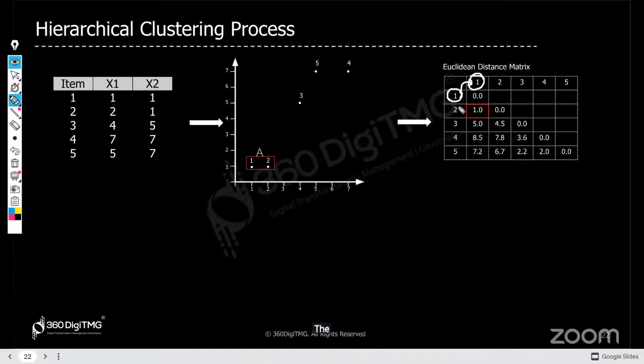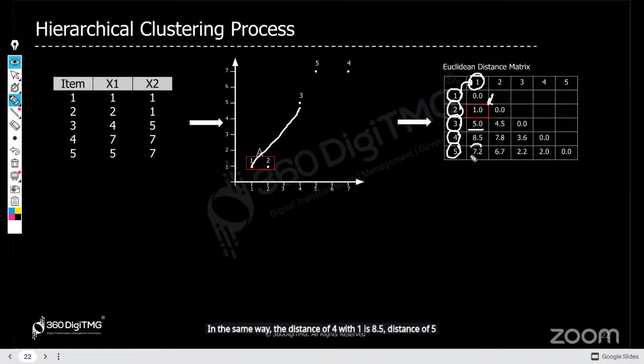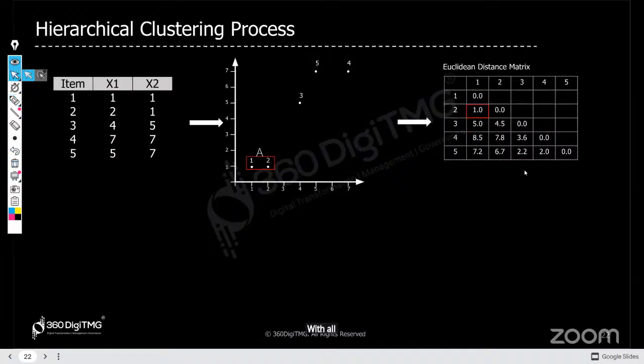The distance of 2 with 1, just now we calculated, is 1. The distance of 3 with 1 is 5. The distance of 4 with 1 is 8.5. The distance of 5 with 1 is 7.2. Like this, we find the distance of each and every data point with all the other data points. That's how we get all this.